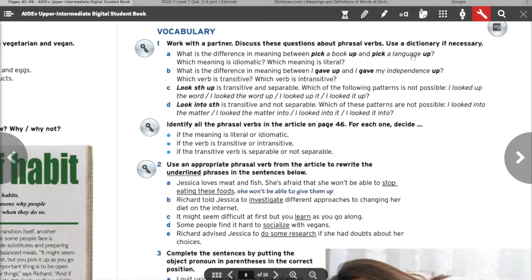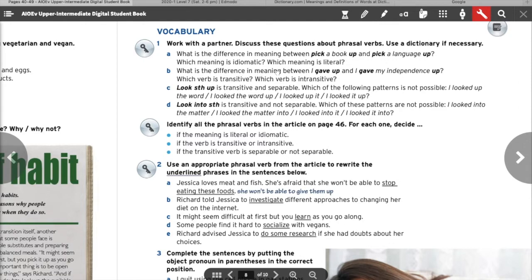So when you're learning the language, you're picking it up, and in this case, the meaning is idiomatic. It's not literal, it's idiomatic. But in pick a book up, this is a literal meaning because you're grabbing the book, picking it up. Okay? So I already explained you letter A. Continue with letters B, C, and D.